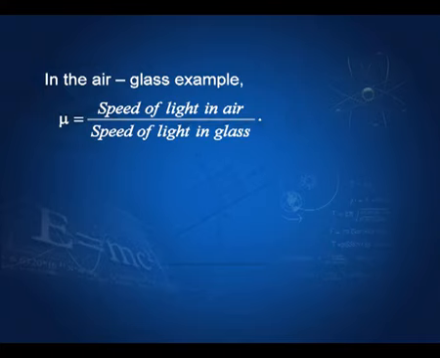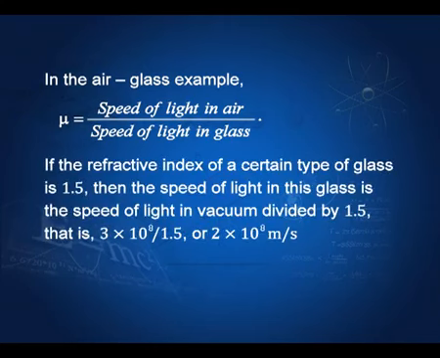Mu in the air-glass example is the speed of light in air divided by the speed of light in glass. If the refractive index of a certain type of glass is 1.5, then the speed of light is 3 times 10 to the power 8 divided by 1.5, that is C by mu, which is equal to 2 times 10 to the power 8 meters per second.